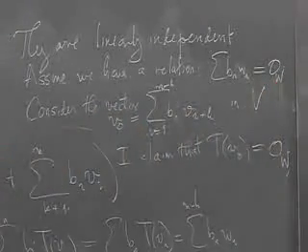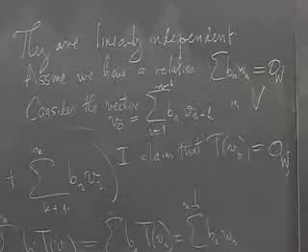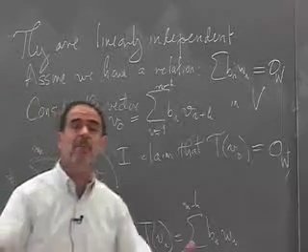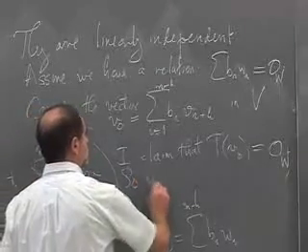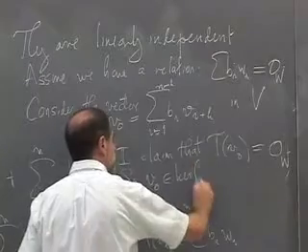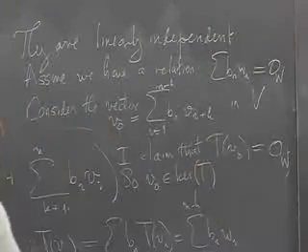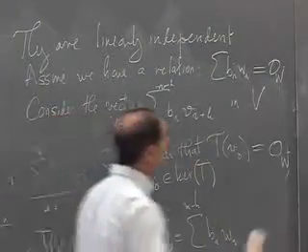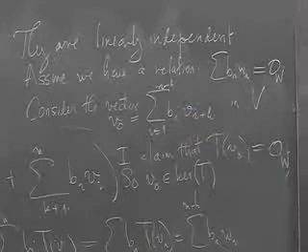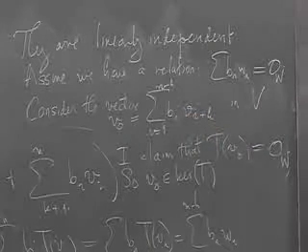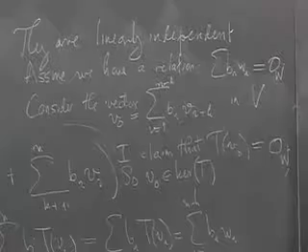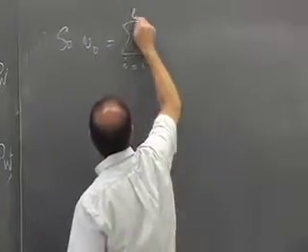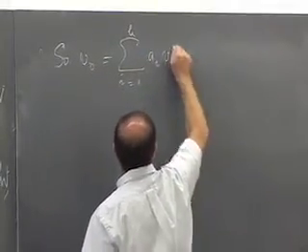What does that mean about v0? If T of v0 is 0, what does that say about v0? It's in the kernel. Since v0 is in the kernel, we can express it in terms of the basis of our kernel: the summation from i equals 1 to k of a_i v_i.